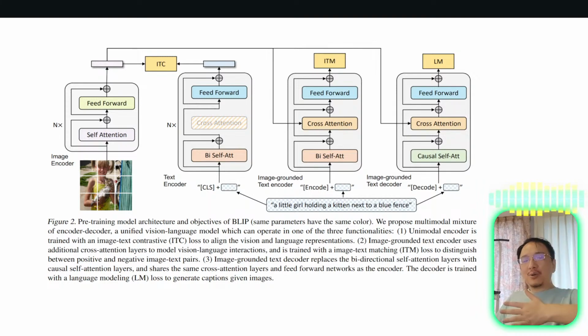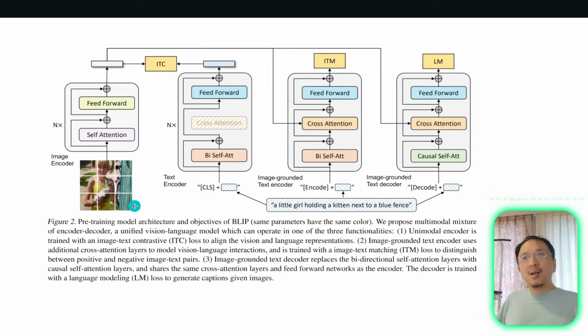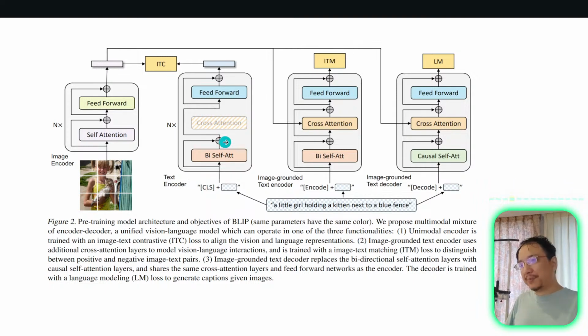If we only do the clip, it cannot do image captioning. But because we have a language model here, it has the ability to do image captioning. So BLIP can do image captioning and can also do similar things as the clip.